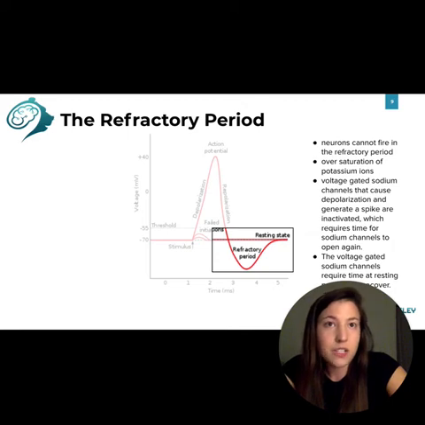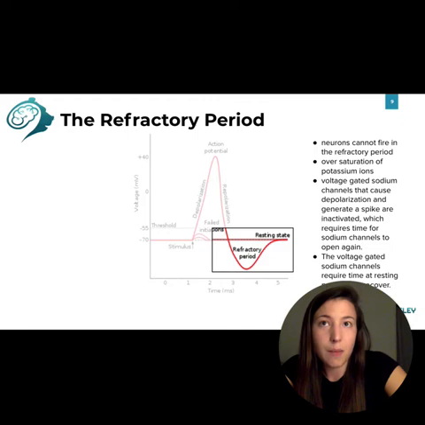So let's say you're studying signals from a neuron or a group of neurons, and you're trying to figure out if a particular signal came from one neuron or not. You can look at what's called interspike intervals. So this is the expected refractory period that you would see from one neuron.